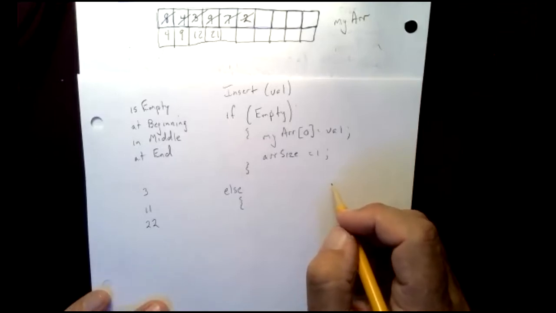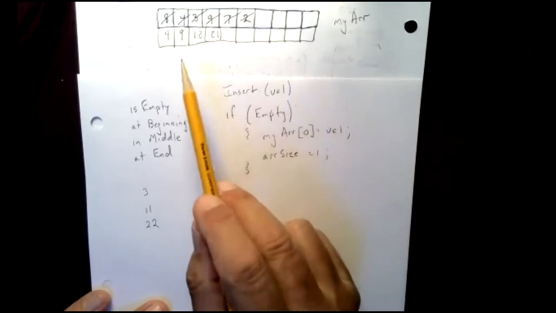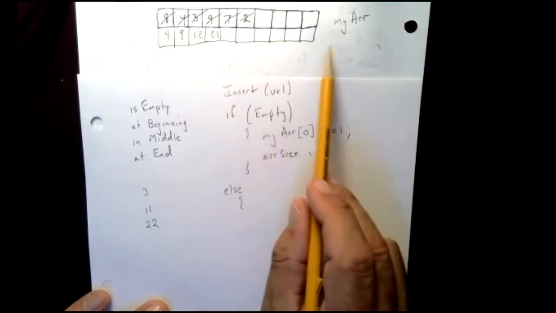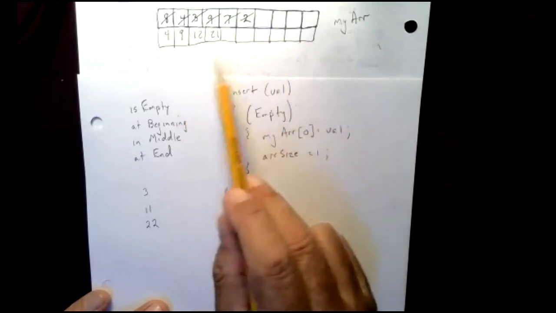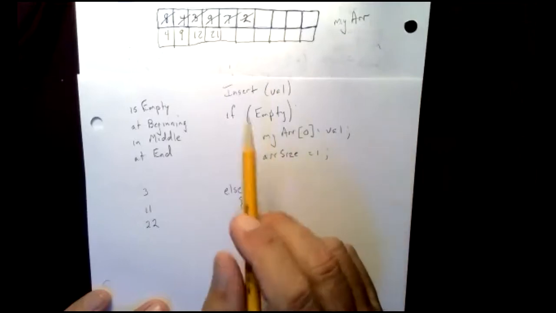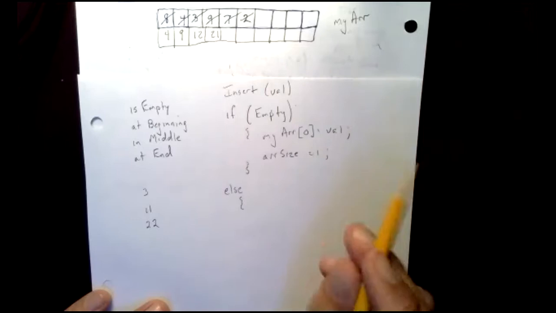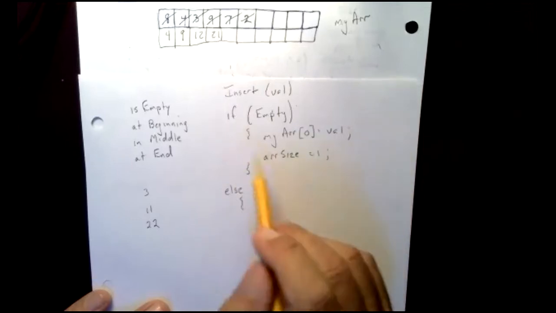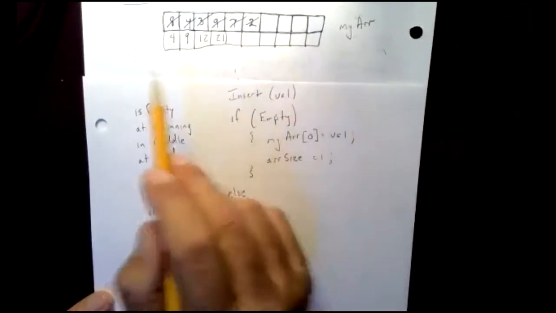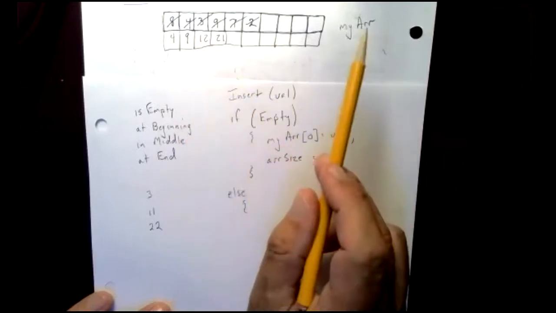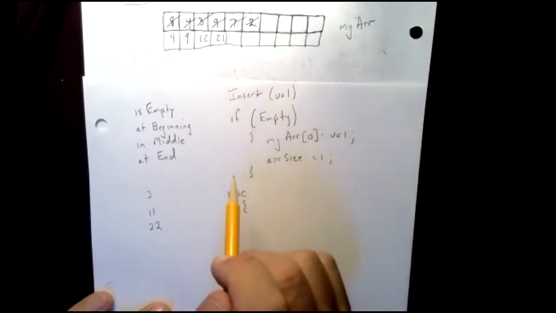Well, I know it's not empty. What else might I have to check for this bad boy? You need to check to see if the value you're adding is less than all of the other items already in the list. Right, right. So I'm going to need to check. I'm going to need to use my array and a subscript and check with val.